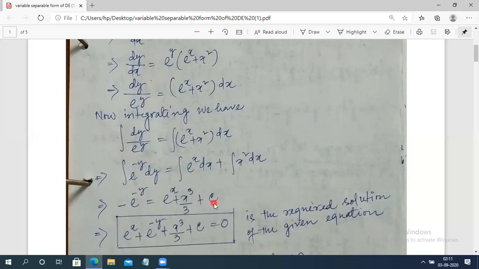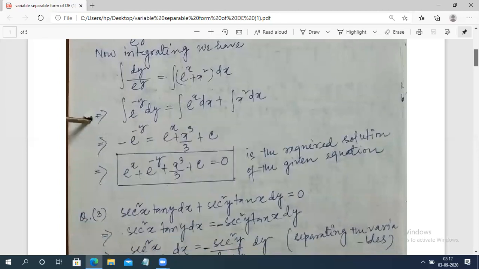Here it is noted that we can write a constant of integration after integrating each function, but suppose there is one constant of integration c1 here and one constant of integration c2 there, then when we add or subtract c1 and c2, we will get at the end a new arbitrary constant, that is c.